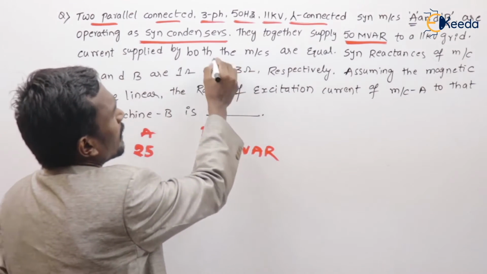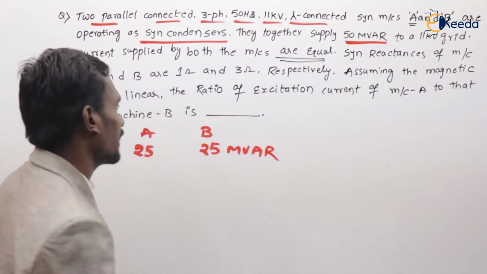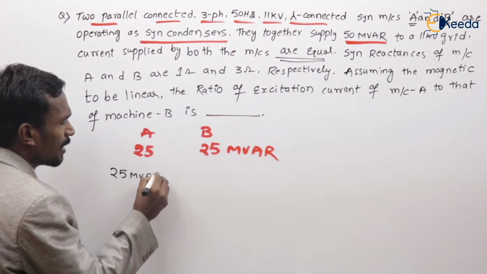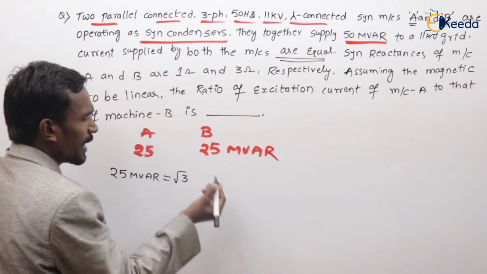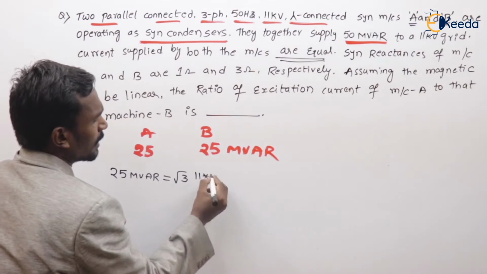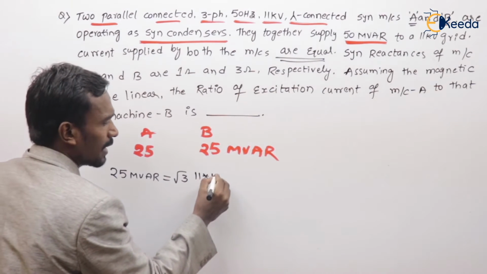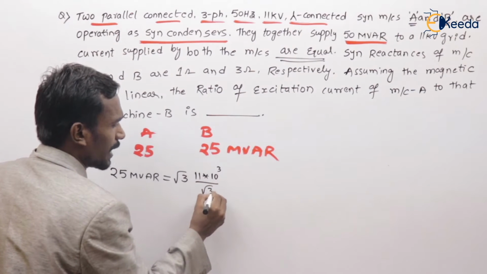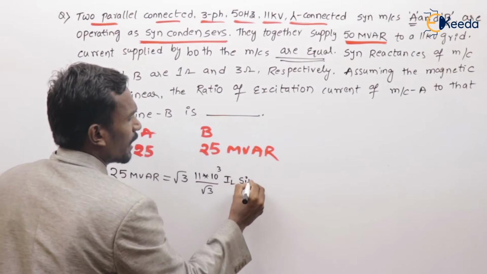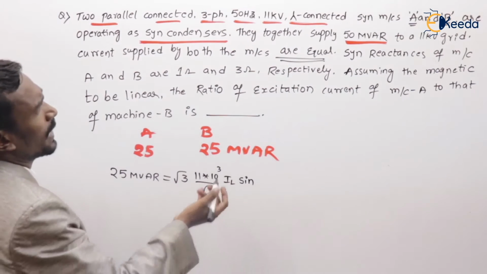The current supplied by both machines is equal. This 25 MVAR is equal to root 3 times VL times IL sin phi, that is 25 MVAR equals root 3 times 11 kV times IL sin phi.